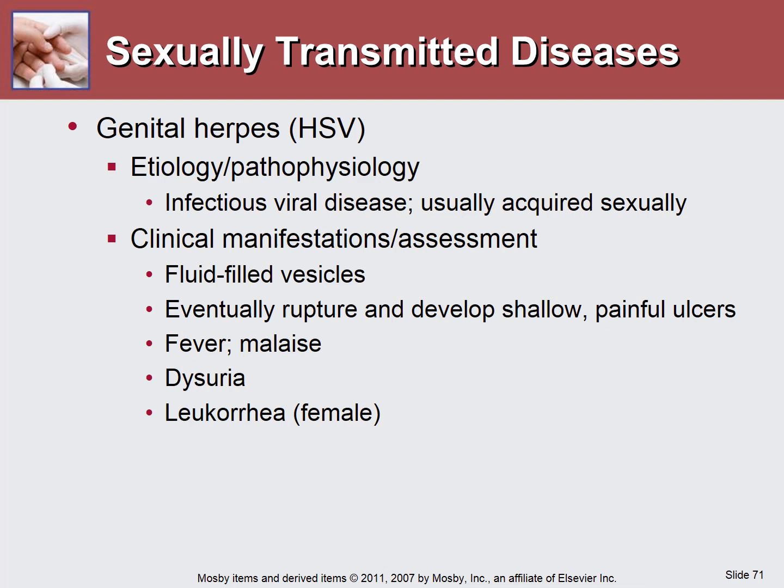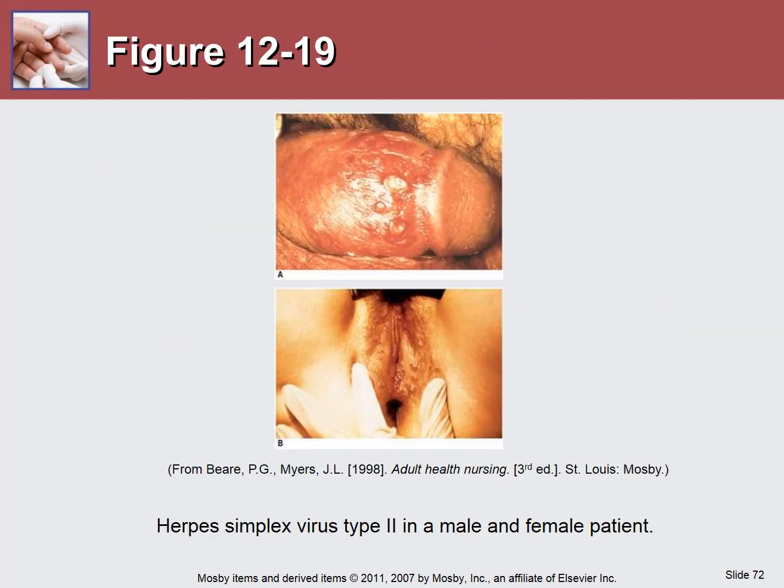Eventually they will rupture and develop shallow, painful ulcers, pain, dysuria, and leukorrhea. Next slide. This is showing you in both sexes the herpes simplex virus type 2. Next slide.